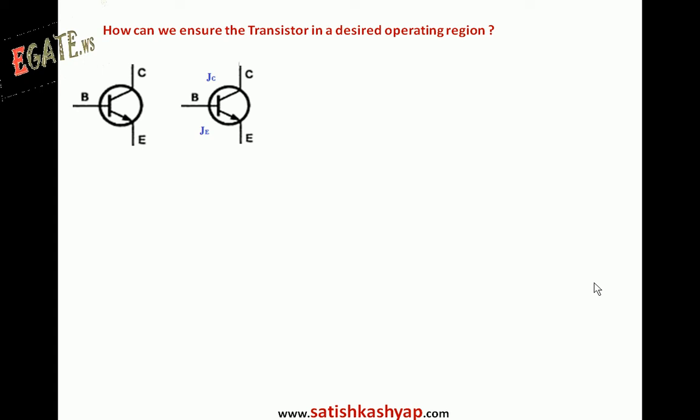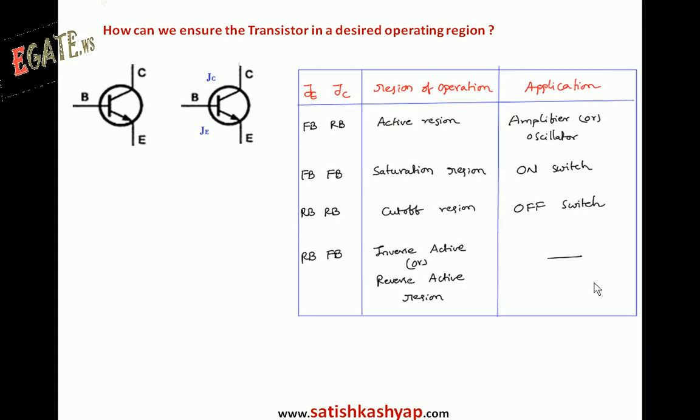So when there are two junctions, there are four possibilities: both may be forward biased, both may be reverse biased, or one forward biased while the other is reverse biased. All four possibilities are listed here. JE implies the emitter base junction, JC the collector base junction.